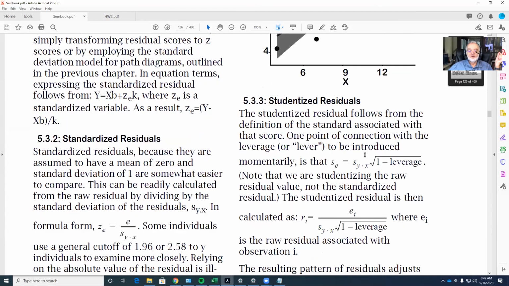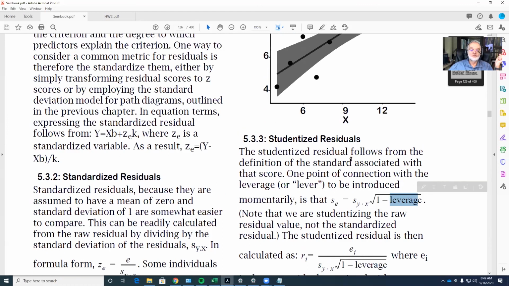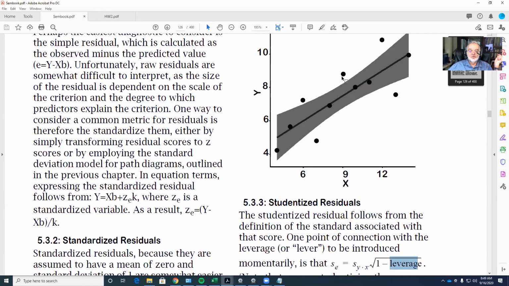And the math behind it is not terribly important to you. It does involve something called the leverage that we'll talk about later. So that's kind of a spicy little detail for what goes on later. But with the studentized residuals, a large one that's really and truly large will come out as appearing large after it's been studentized.